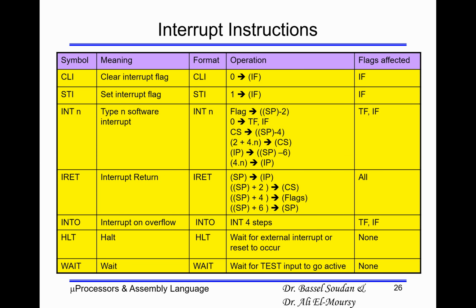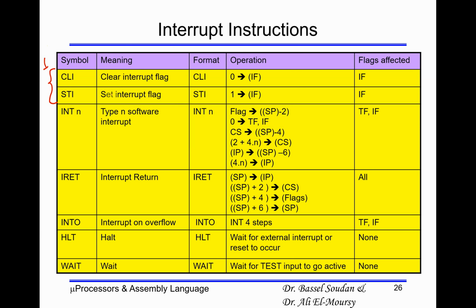So here is actually a summary of all the instructions that are related to the interrupts. To wrap up, we have 2 instructions responsible for clearing and setting the interrupt flag.